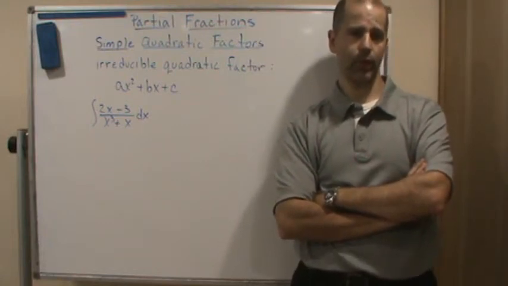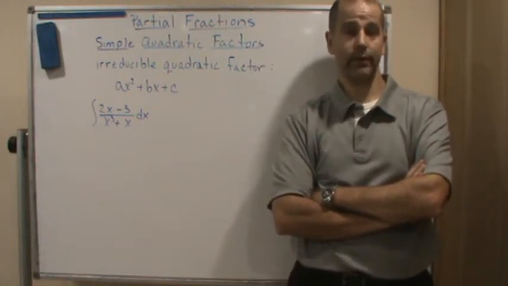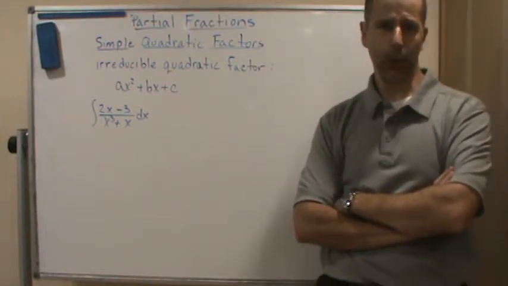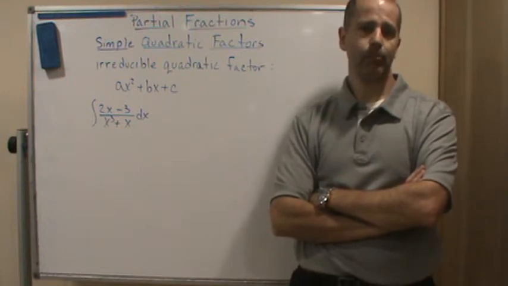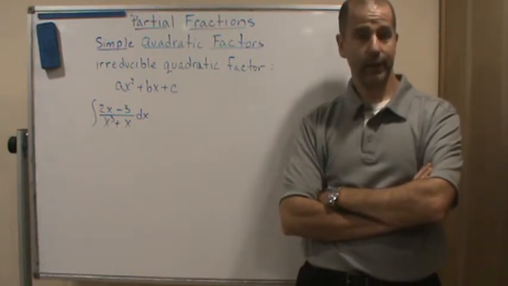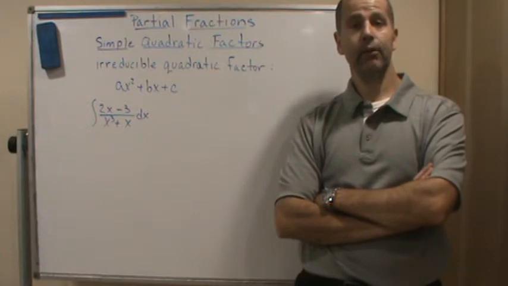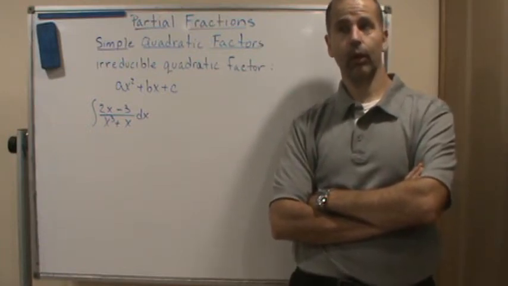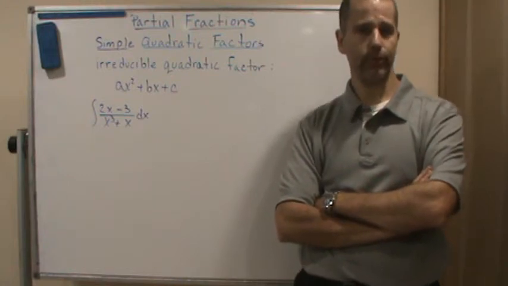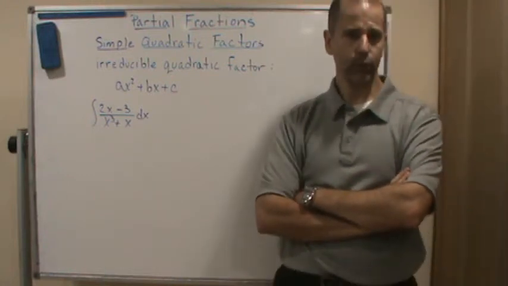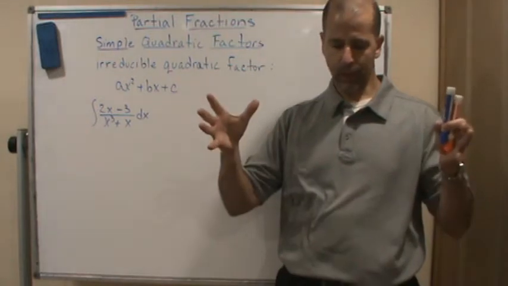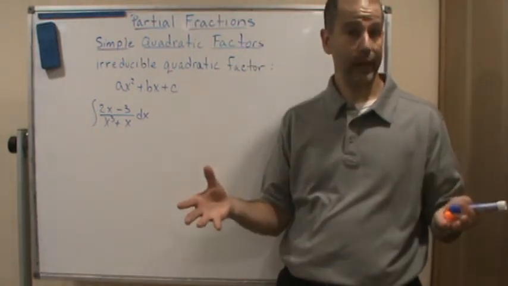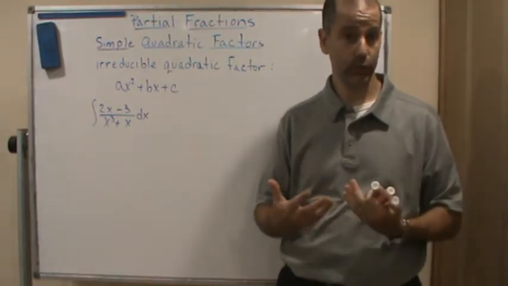But the question we should start with is, what is an irreducible quadratic factor? Quite simply, it's a quadratic factor that cannot be factored any further using real roots. What do I mean by that? When we factor polynomials, we factor them until we can't factor them anymore, and we are usually talking about real roots, real zeros.